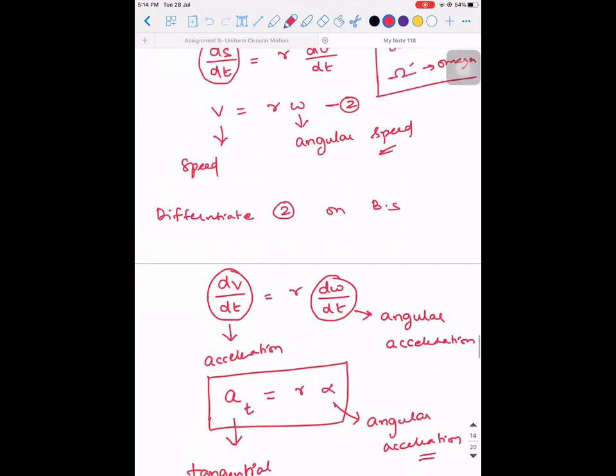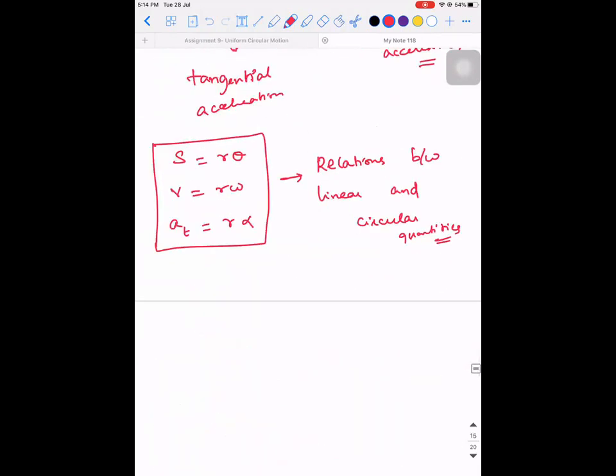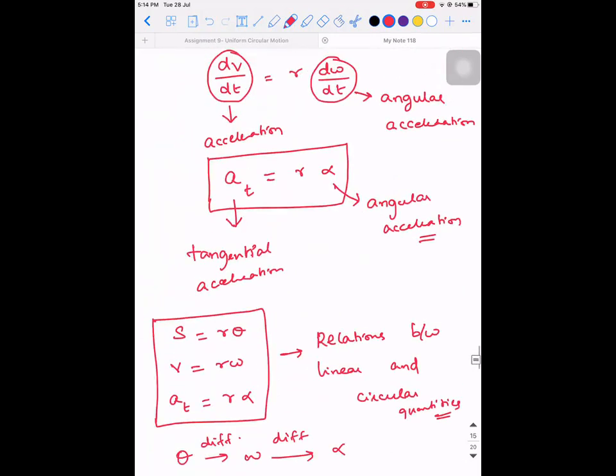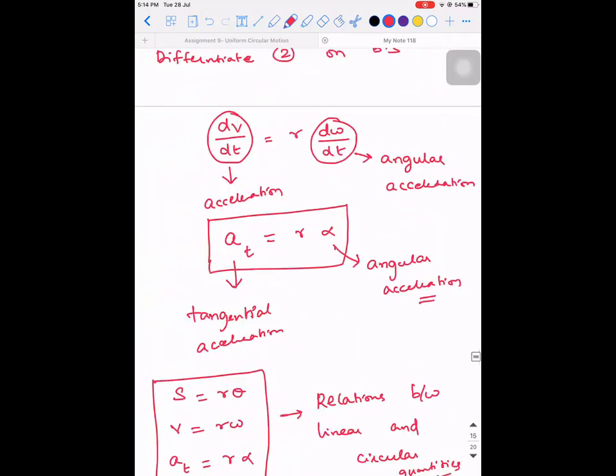See, it is like this. Theta, if you differentiate, you get omega. If you differentiate omega, you get alpha. So that is the order. Is that clear?